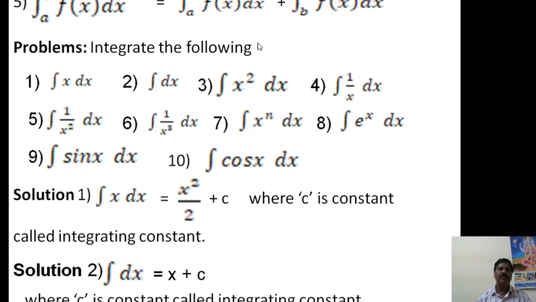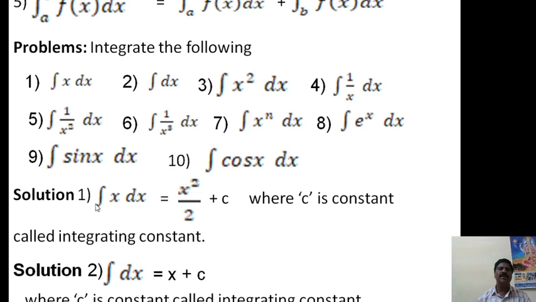Integrate the following functions. First is the integration of x dx, second is the integration of dx, third is the integration of x square dx, fourth is the integration of 1 by x dx, fifth is the integration of 1 by x square dx, sixth is the integration of 1 by x cube dx, seventh is the integration of x to the power of n dx, eighth is the integration of e to the power of x dx, ninth is the integration of sin x dx, and 10th is the integration of cos x dx.